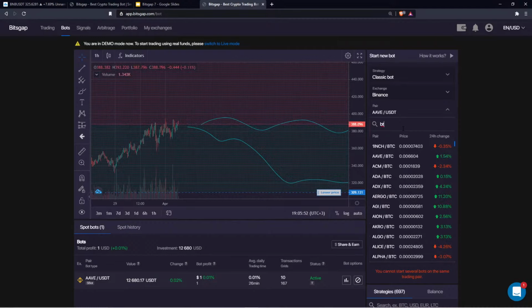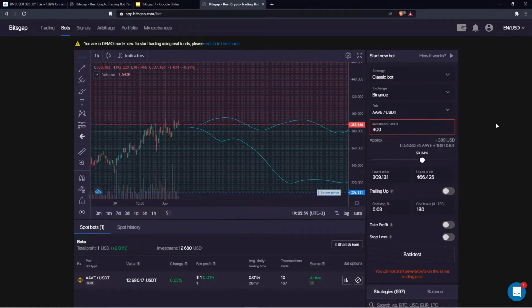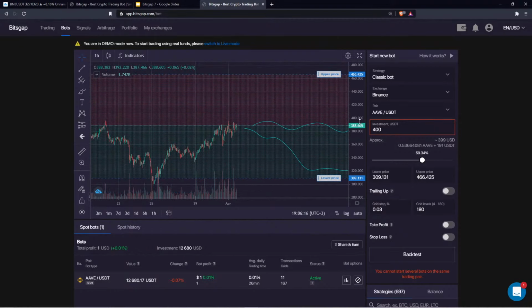You see, volatility really matters in automated trading, because the more volatility, the more opportunities the bot has to buy low and sell high, and that means different configurations should be used on coins that have varying volatility.